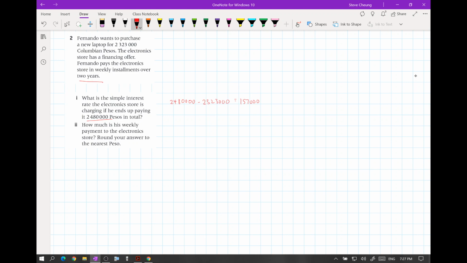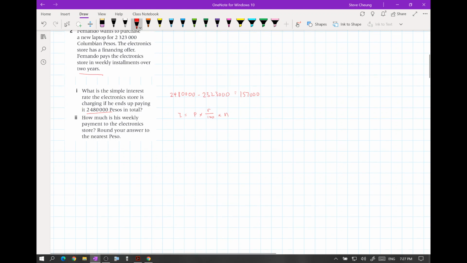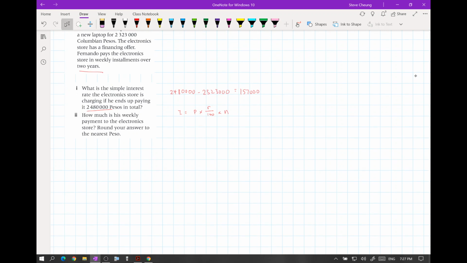And then we want to, well, let's write down the formula first. The interest equals P times R over 100 times the number of years, right? So in this case it's 2. And then we know that this is the interest. This is the initial amount.